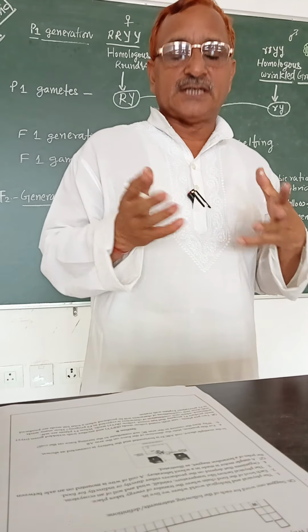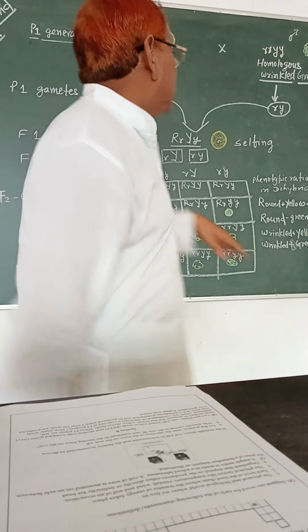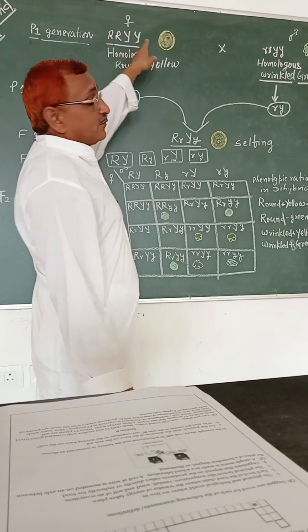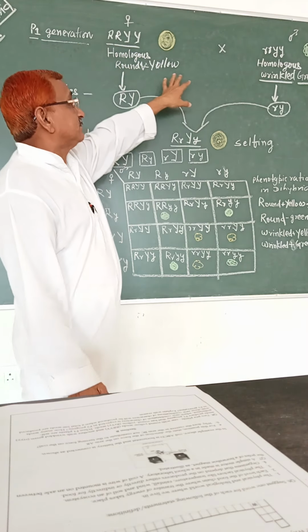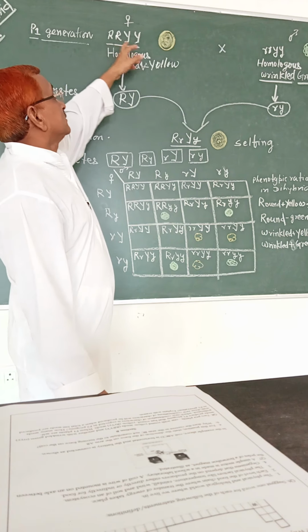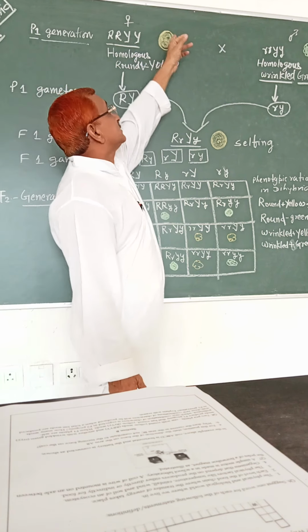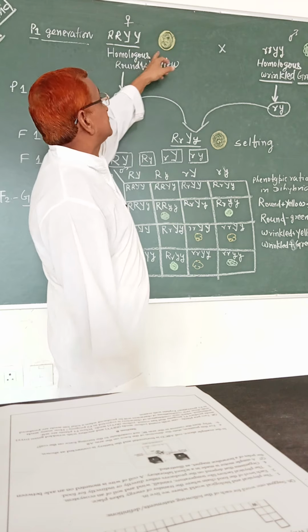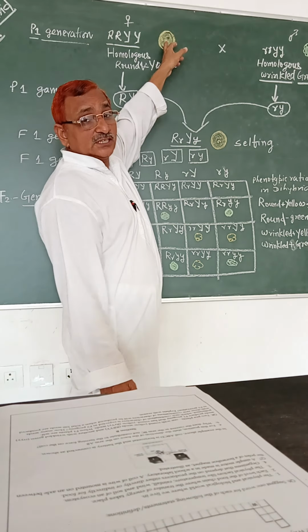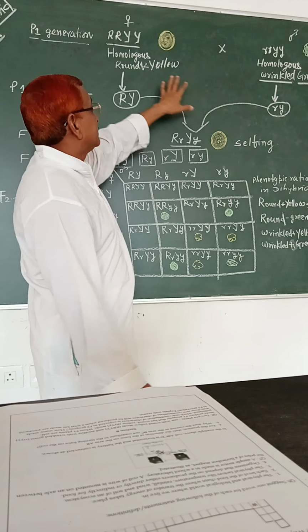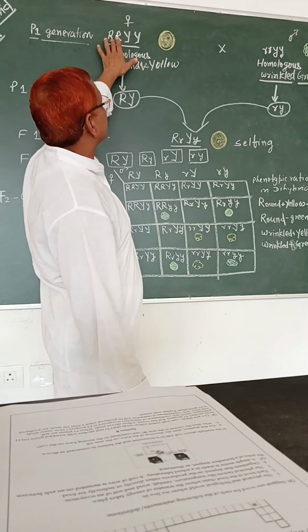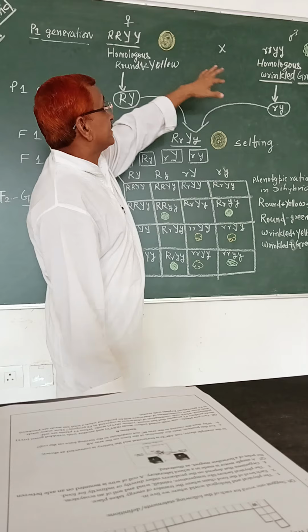So dihybrid cross is a cross in which two pairs of contrasting traits are considered. In this question, one character is the round shape of the seed. Another character is the yellow cotyledon color. So both are dominant. We have studied Mendel's law, and on that basis, round is dominant over wrinkle.